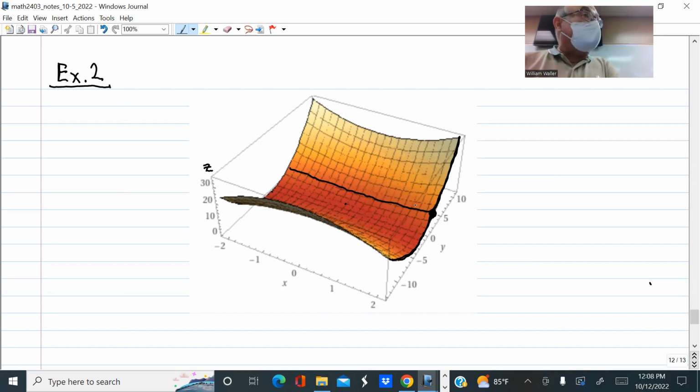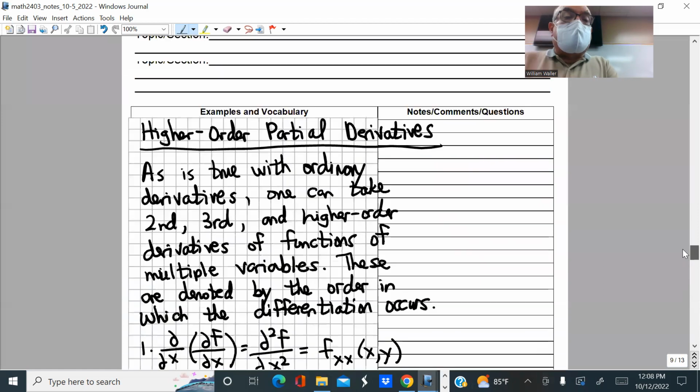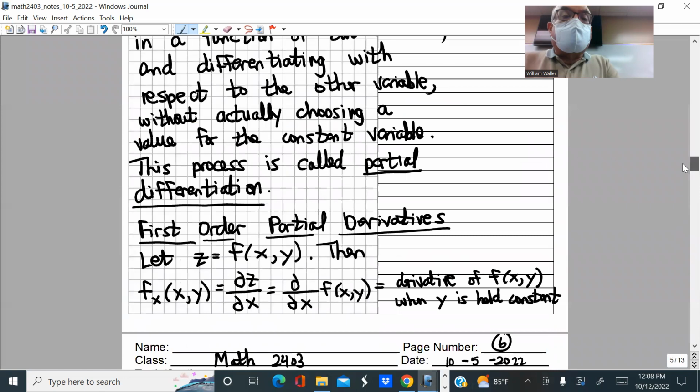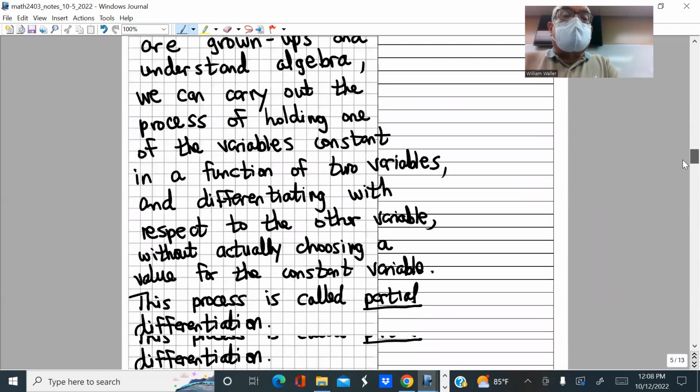You do that by holding either y constant or x constant, depending on whether you want the direction parallel to the y-axis or the x-axis, and then you differentiate. So let's summarize our knowledge.